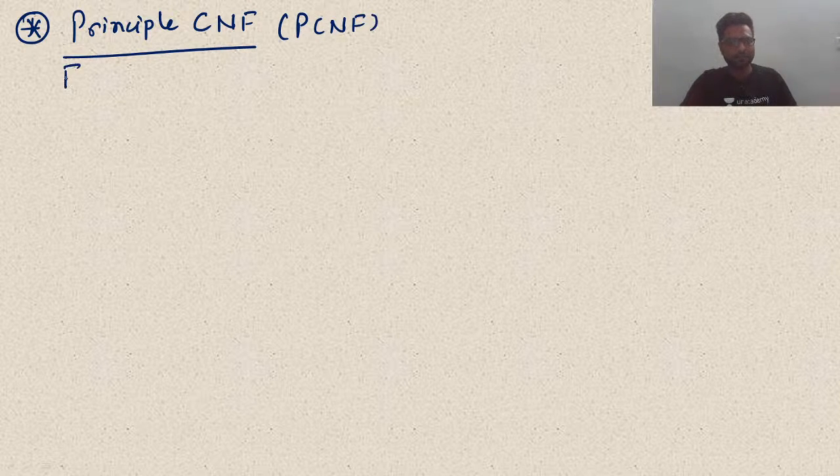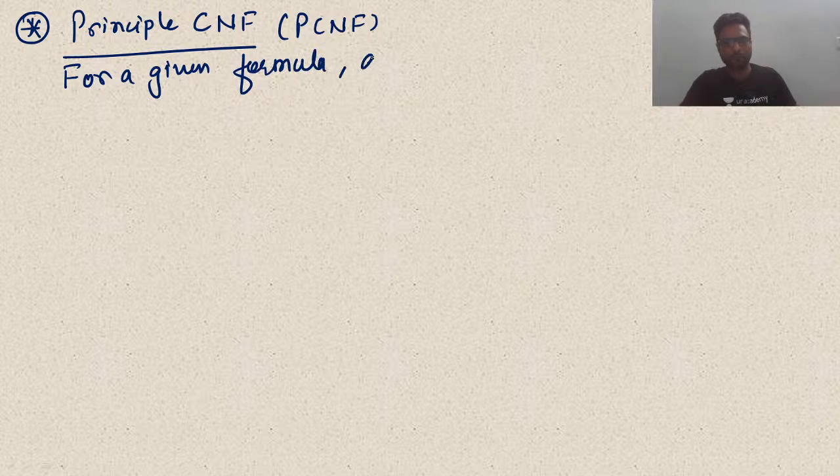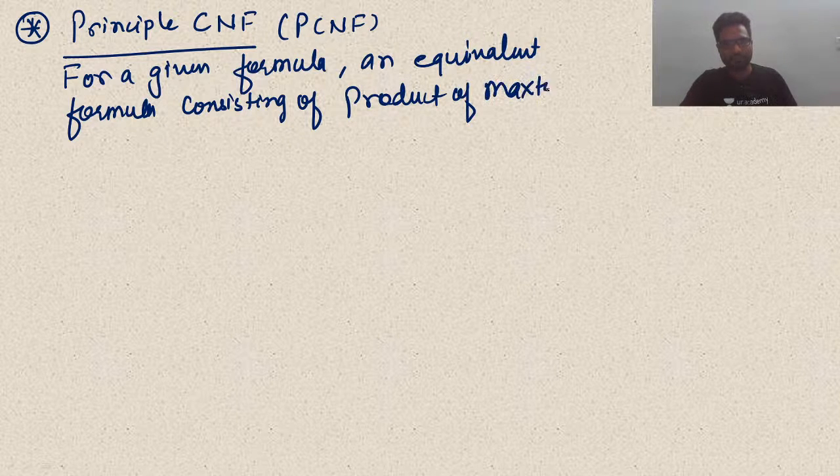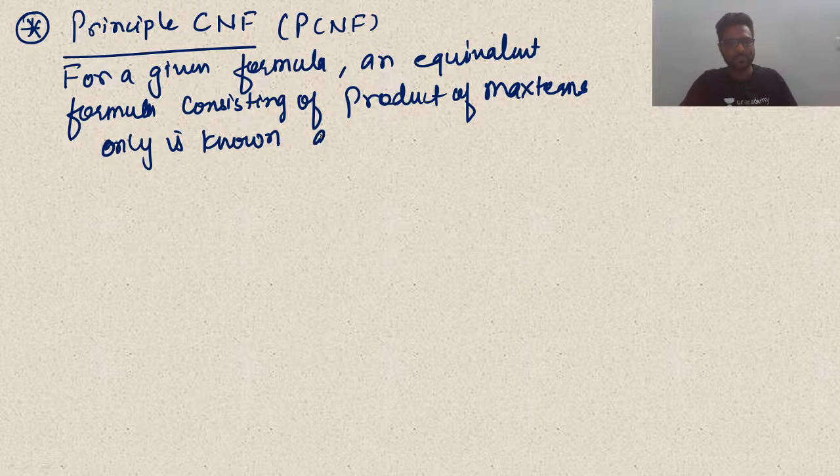So we can say that for a given formula, an equivalent formula consisting of a product of max terms only is known as a principal conjunctive normal form.